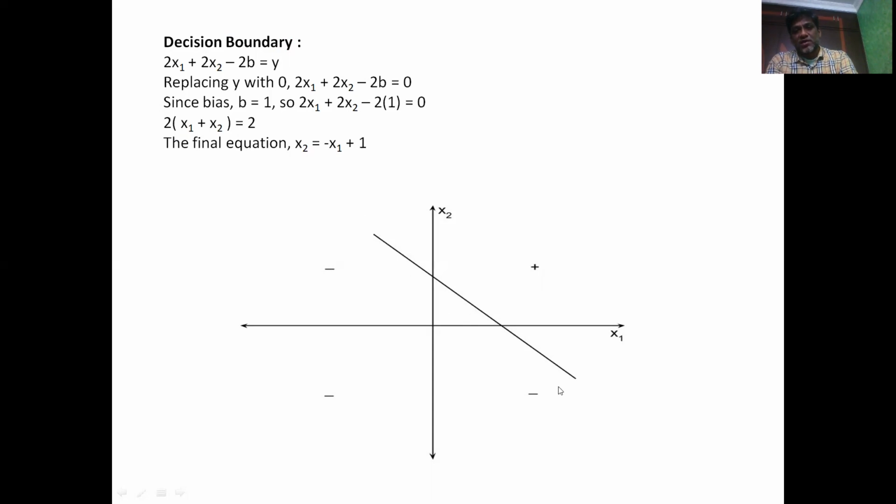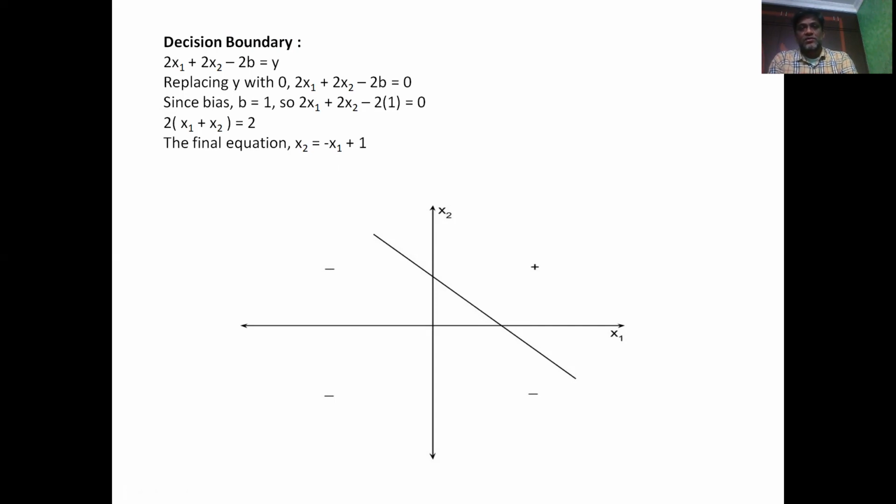That separates all the minuses towards one side and plus towards another side. Okay, so it is a clear separation of positive values and negative values in this decision boundary. So if separation can be done like this, we can call it a linear decision boundary.